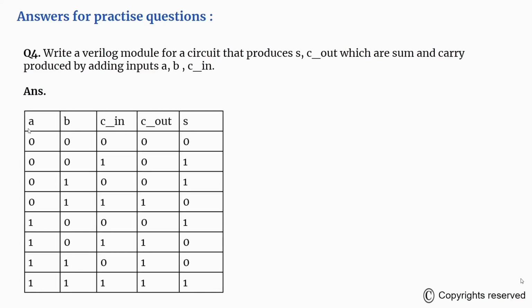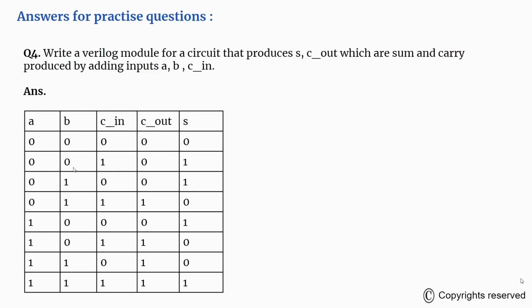In this question, you are asked to write a Verilog module for a circuit that produces two outputs S comma Cout, which are sum and carry, produced by adding three 1-bit inputs A, B, and Cin. Starting with its truth table, A, B, Cin are its inputs and Cout, S are its outputs. When you add 0, 0, 0, you will get 0 and 0.